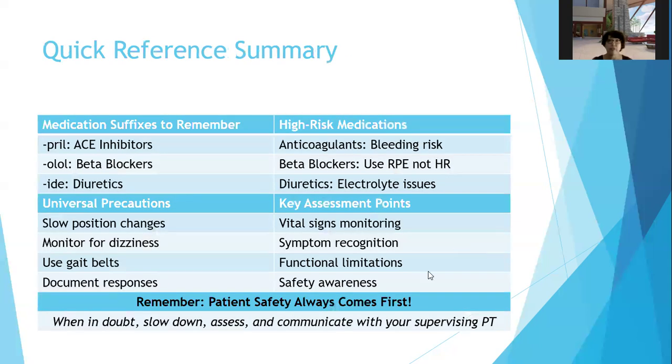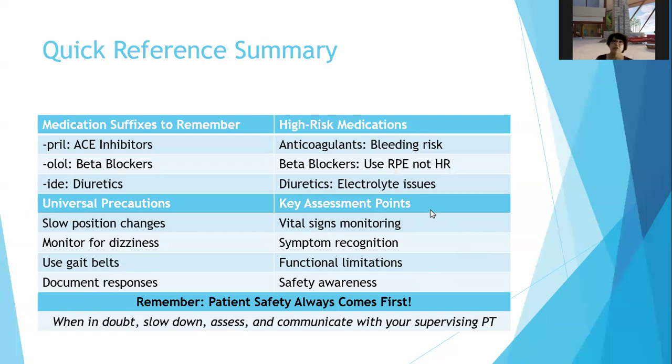So here's our quick reference summary for the names of the drugs. Prils are ACE inhibitors, alols are beta blockers, ides are diuretics. You want to universally, with all of these cardiac medications, do slow position changes, monitor for dizziness, use gait belts and other safety devices, and document the patient's response.